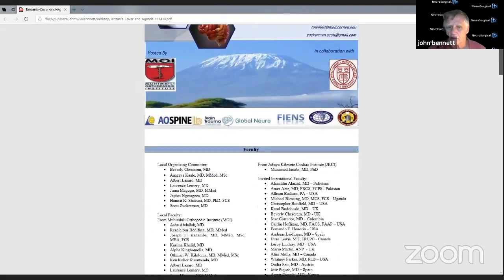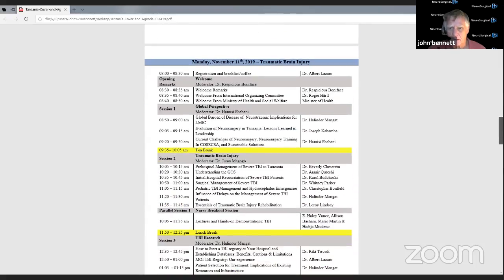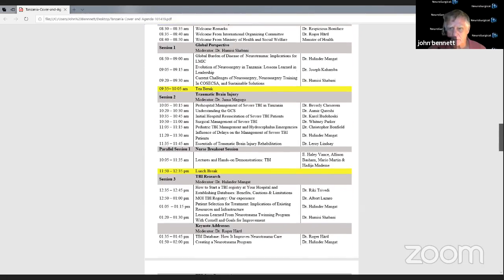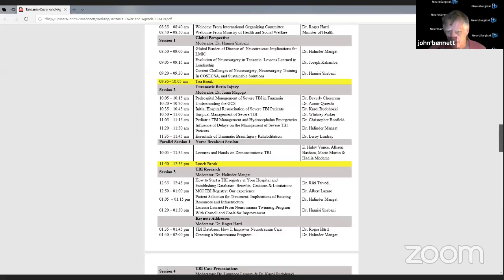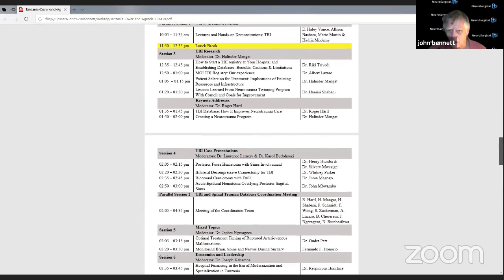Let me show you some of the speakers, the sessions here. Maybe you recognize some of the names. Traumatic brain injury. Some are from Africa, some are from Roger Hartle. He's a very big name in neurotrauma from Cornell.